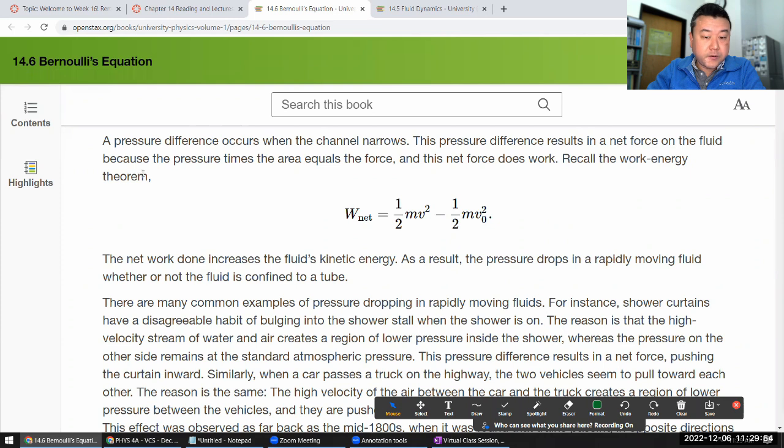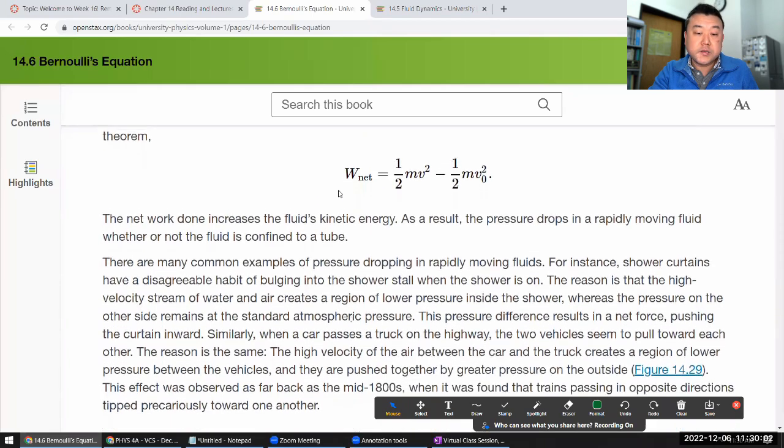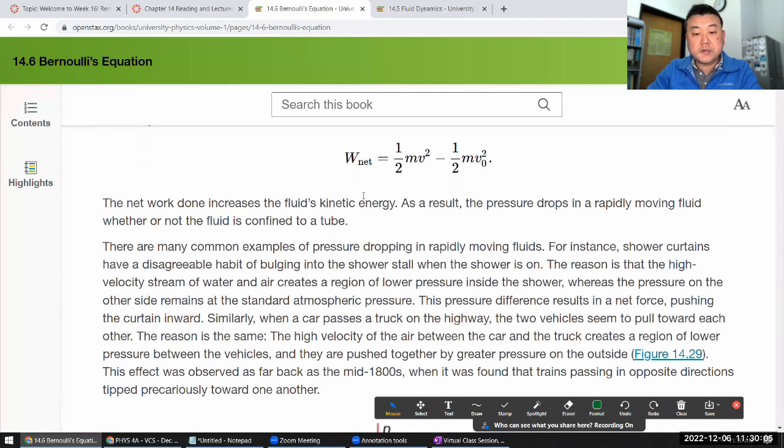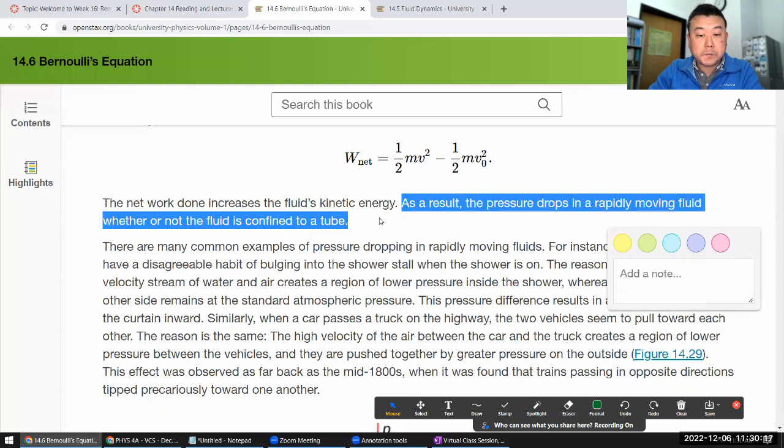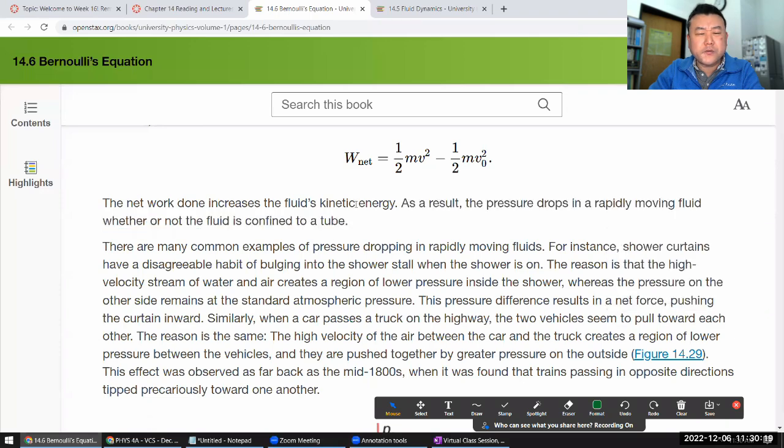Recall the work-energy theorem, what I was saying earlier: the difference in kinetic energy comes from the net work done. The net work done increases the fluid's kinetic energy. As a result, the pressure drops in a rapidly moving fluid, whether or not the fluid is confined to a tube. Okay, that's interesting. I don't know if that makes full sense, but I'll move on.